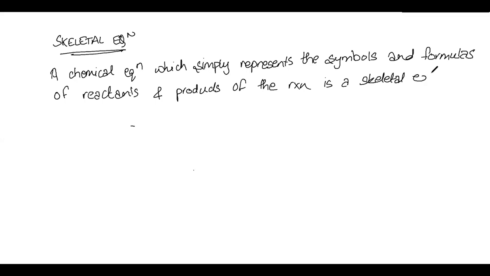equation. Now, to give you an idea about a skeletal equation, I'll give you an example which is quoted in the NCERT also, that is the burning of magnesium in air. Now, we are discussing the burning of magnesium. The symbol of magnesium is Mg. So, this is our magnesium.